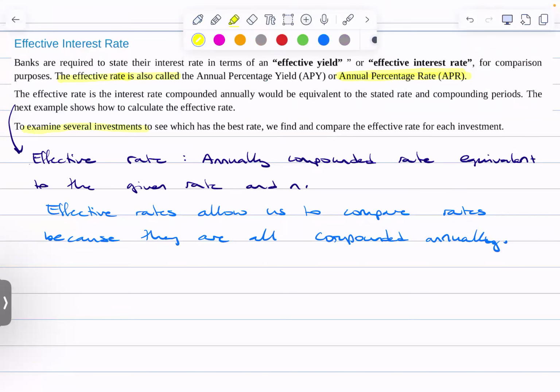So to examine several investments to see which has the best rate, we find and compare the effective rate for each investment. And then if we're investing money, then you want the highest rate, right?